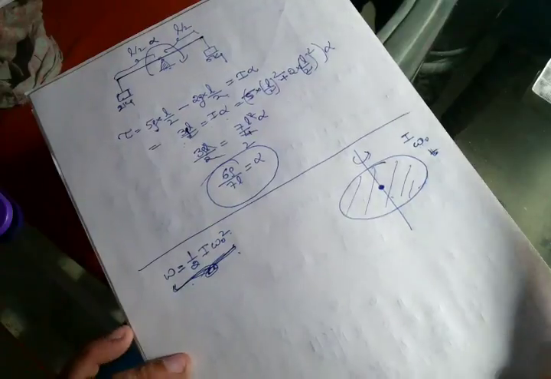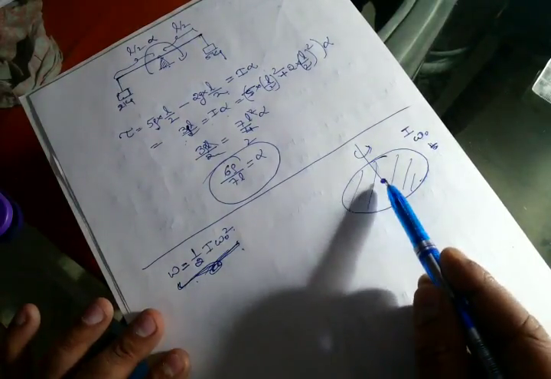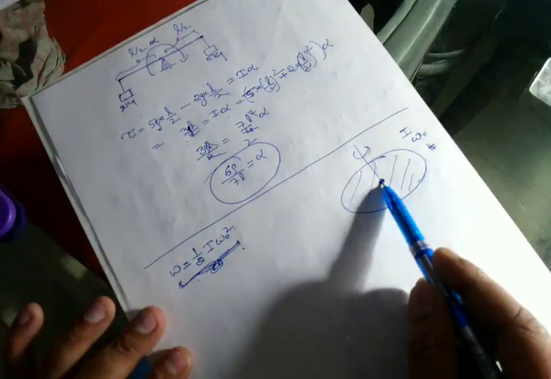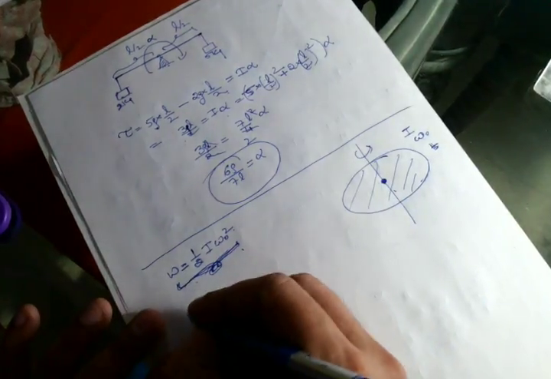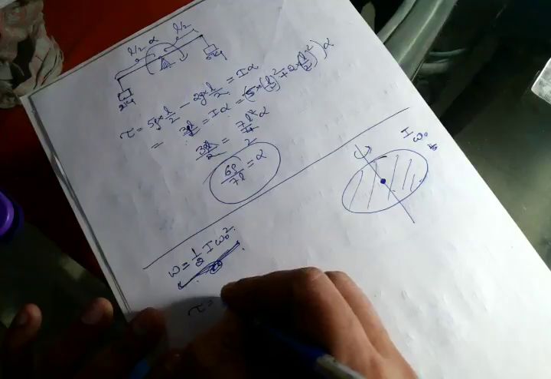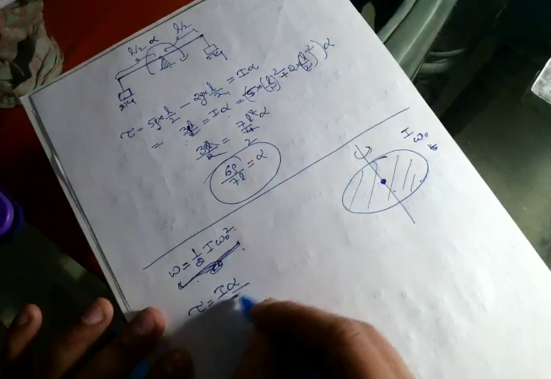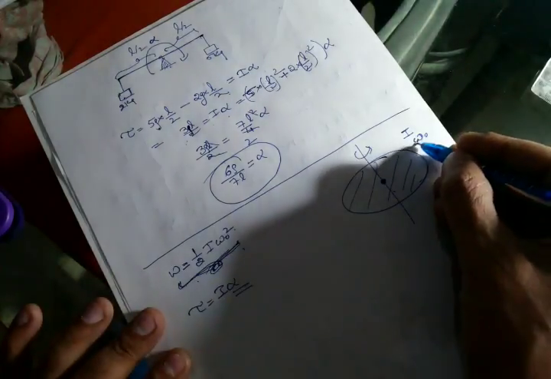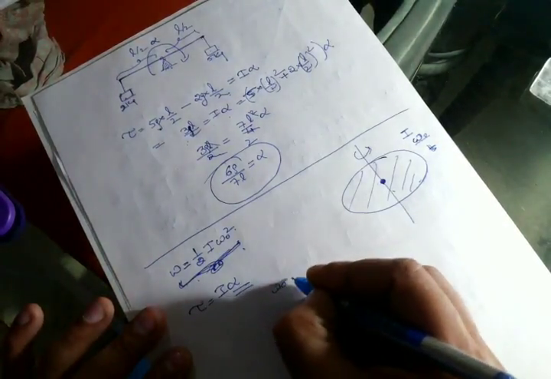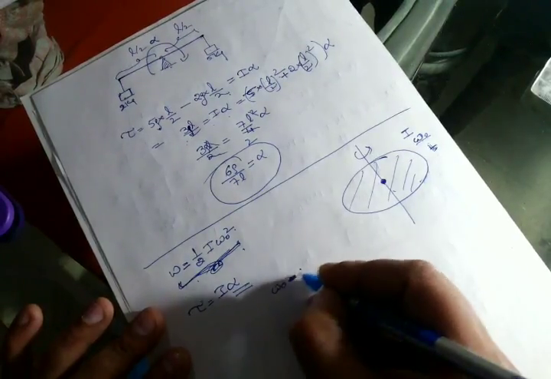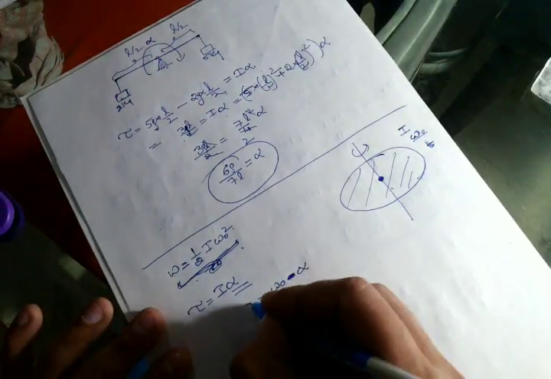Now I also want to find out what will be the torque applied by the friction force in stopping this wheel. So as we know that tau is equal to I into alpha. So what I need is alpha. The initial velocity was omega naught, and after time t the final velocity becomes 0.